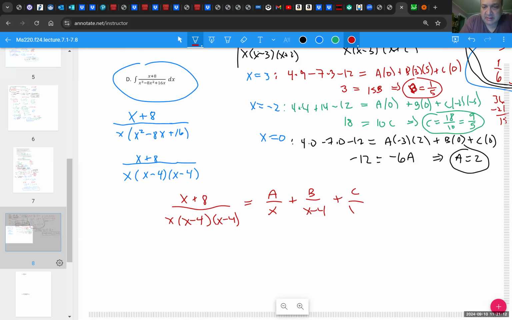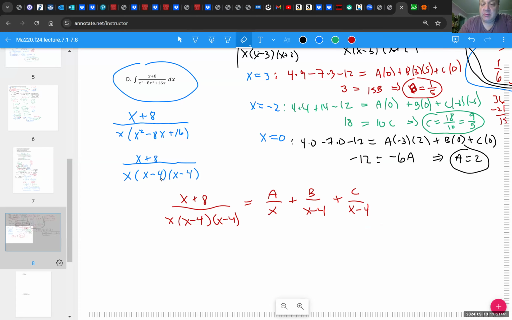That would sort of be the logical next step. But these two are identical, right? There's no difference between b over x minus 4 and c over x minus 4 because b and c are just random numbers anyway. I can just write this as d over x minus 4 if I add them together. So we're not going to get three distinct fractions this way. The decomposition is not going to work without three distinct fractions. There are three factors on the bottom, so we need three distinct fractions for this to work out.